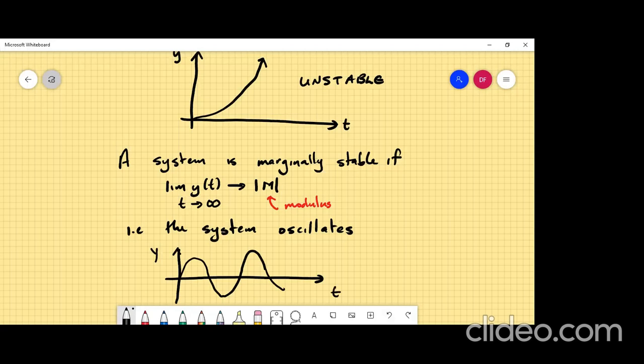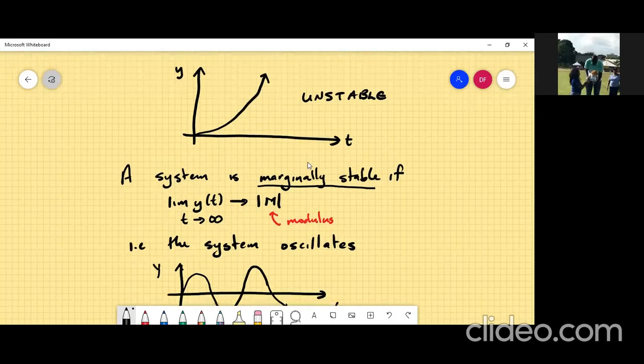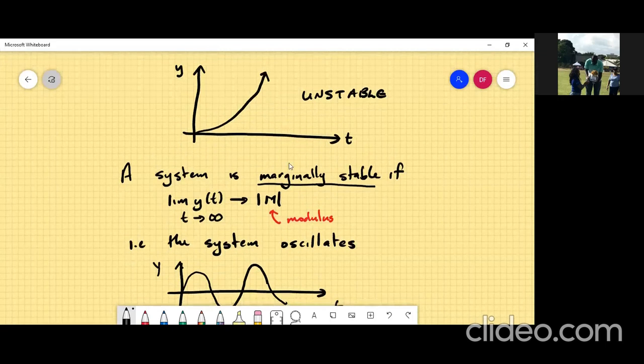So it's marginally stable if it oscillates. So what we're saying by absolute value is that it goes positive or negative or some form of that, so it stays within those limits. If it's unstable, it's going to go to infinity.